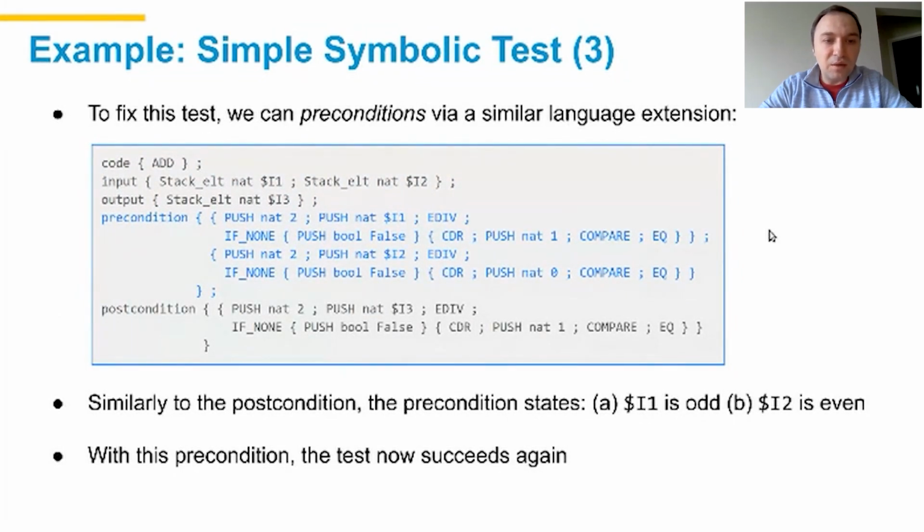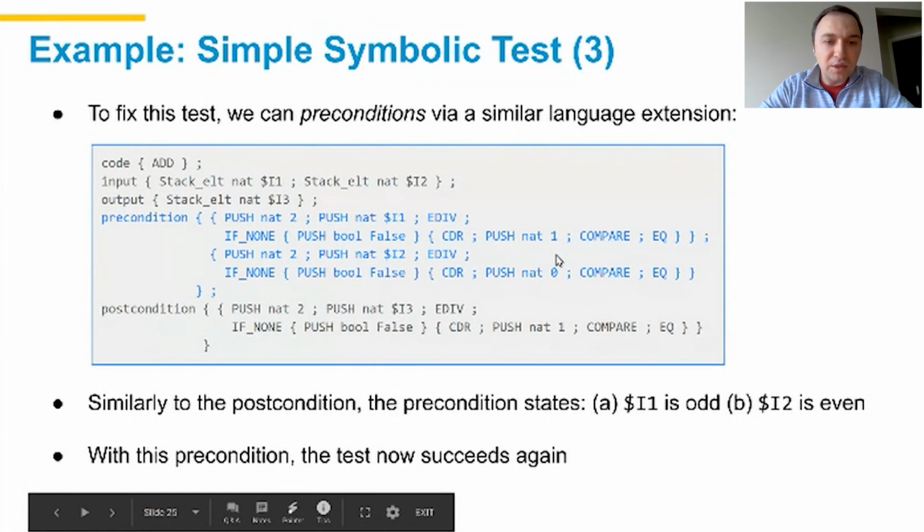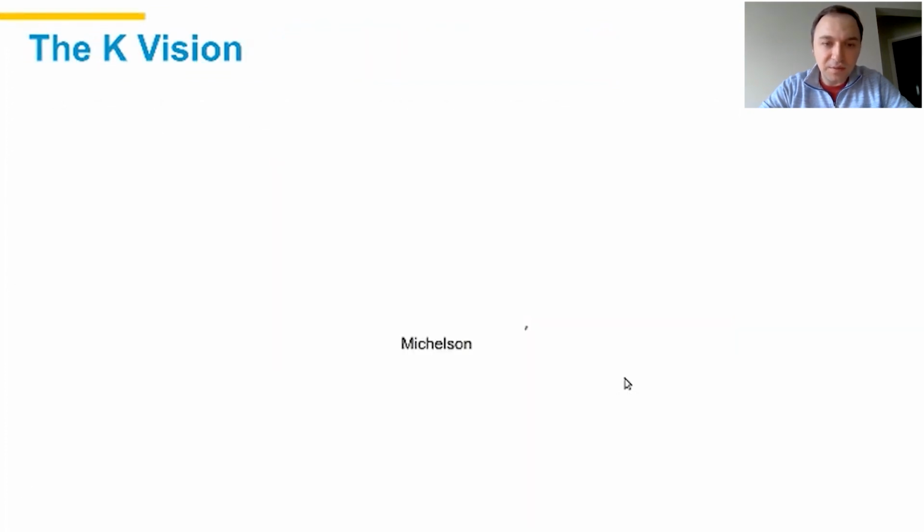We can add some preconditions via a similar mechanism. Here we just add two precondition blocks, one that says that I1 is odd and one that says that I2 is even. And then you now have what you expect, which is that the test passes successfully.